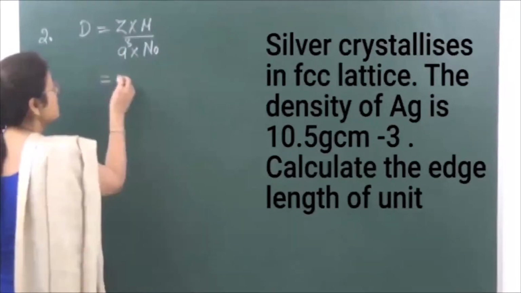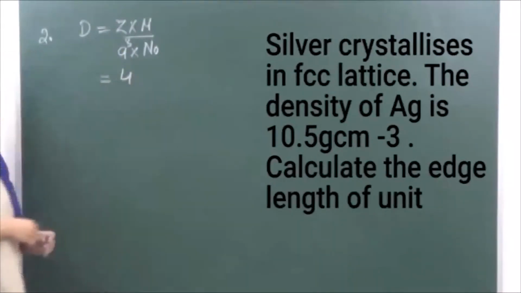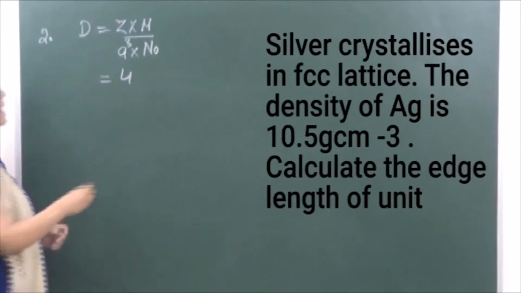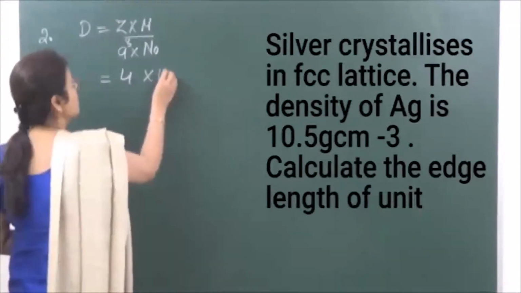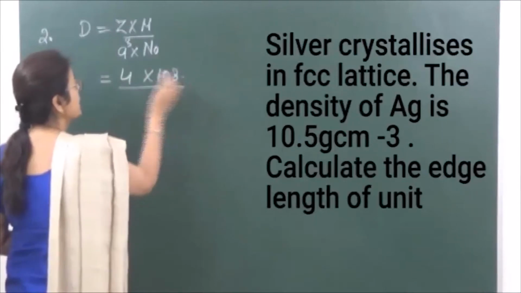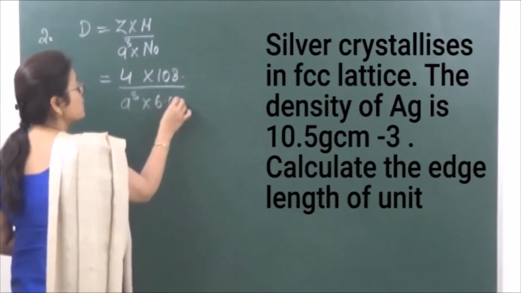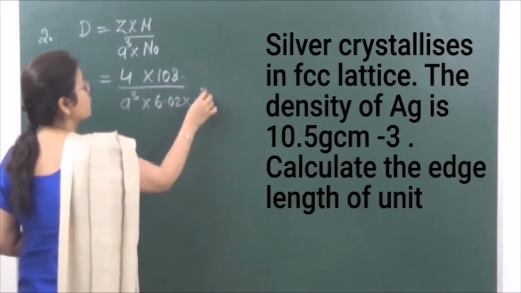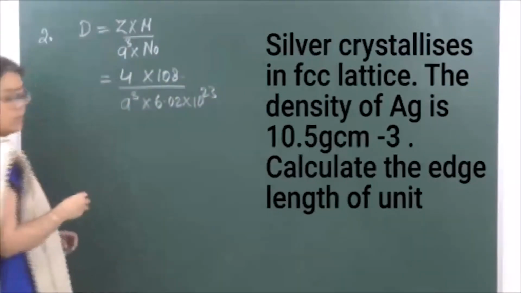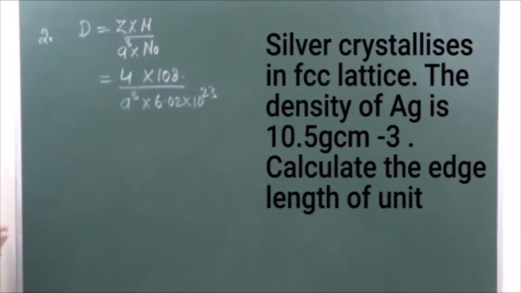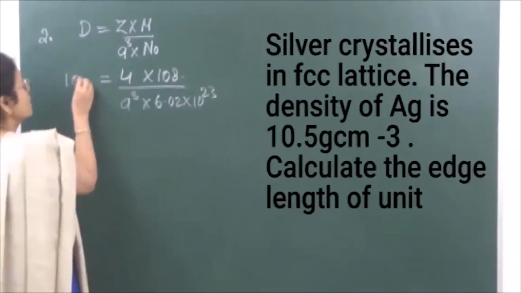अब silver crystallizes in face centered. So face centered में Z will be equal to 4, और Ag का जो atomic mass होता है 108, A cube हमें calculate करना है into 6.02 into 10 raised to power 23, और डेंसिटी हमको दे रखी है कितनी क्वेश्चन में 10.5.